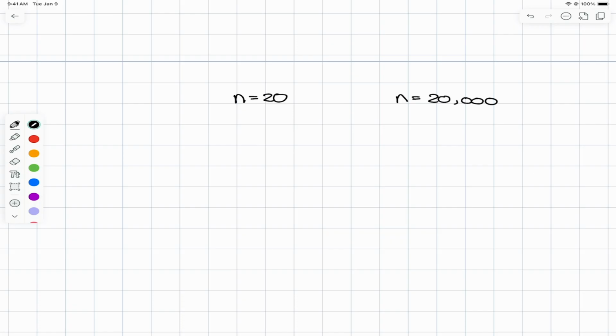For example, n squared is 400 here. But n log n of 20 is only going to be about 86.